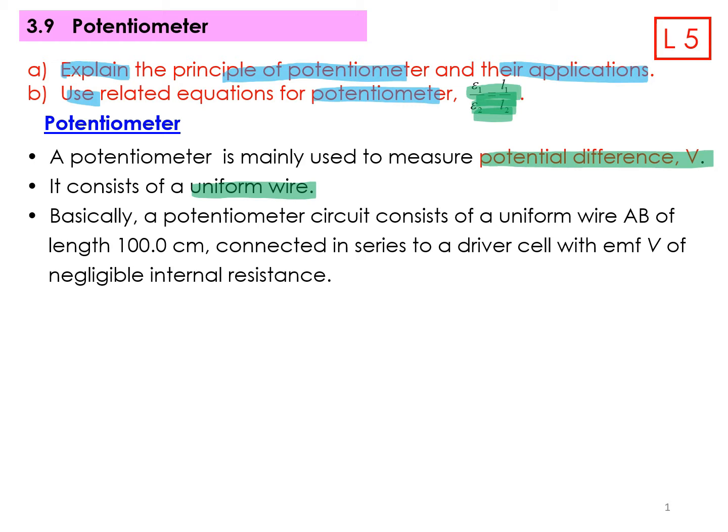Basically, a potentiometer circuit consists of a uniform wire AB of length 100 centimeter and must be connected in series to a driver cell with EMF V of negligible internal resistance.